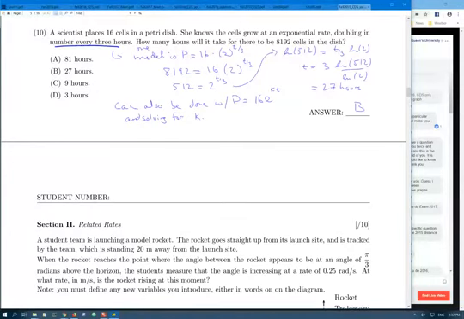I apologize. I don't know why it's quite this slow, but again, still loading.